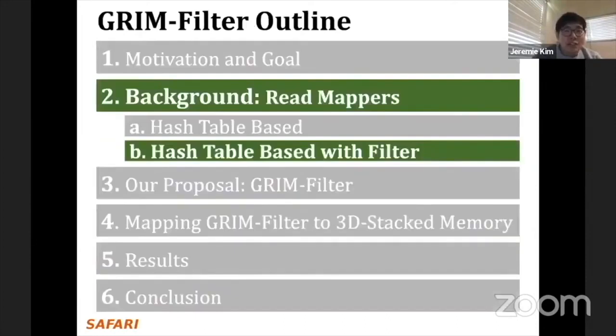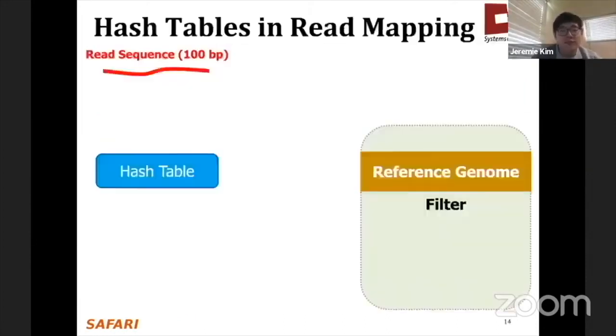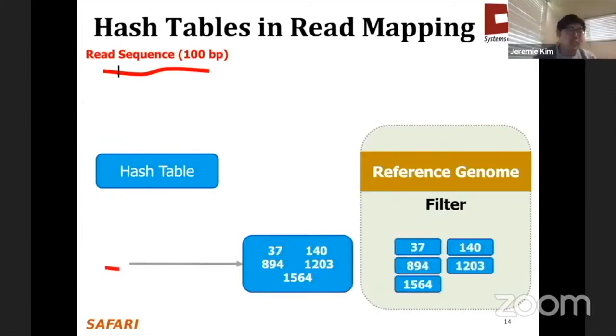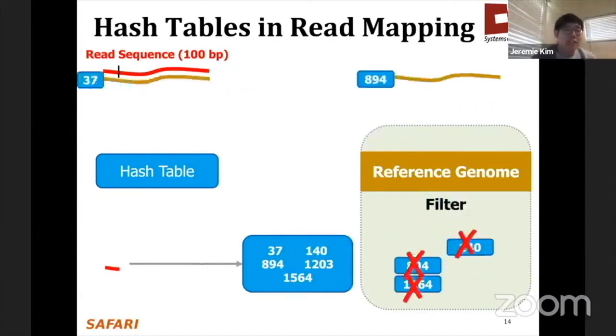So now let's take a look at how the hash table based read mapper would work with a filter. Taking the same read split into k-mers of length 5, we query the hash table for the location lists. We then pass the locations through the filter and attempt to efficiently discard as many locations as possible before having to run alignment. Here we see that the locations that are obviously mismatched get discarded before needing alignment.